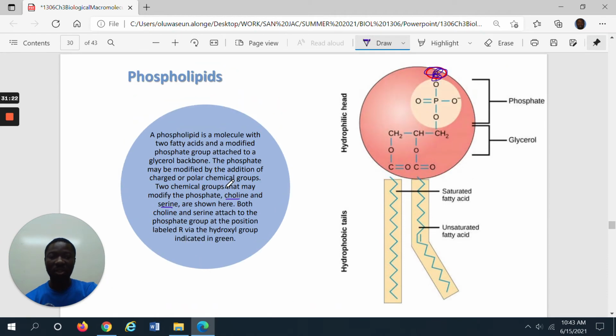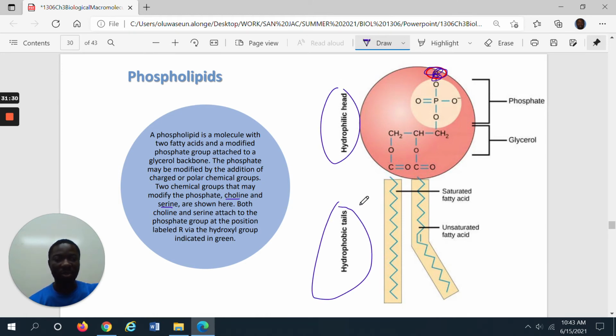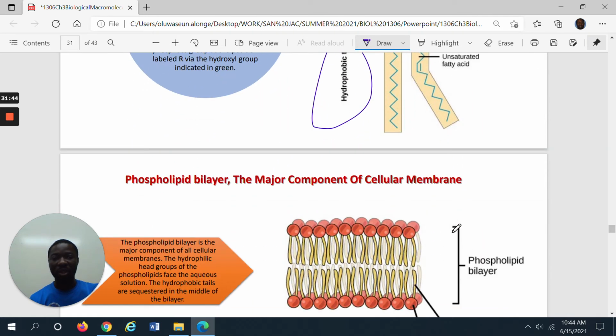But majorly, when we talk about the phospholipid bilayer, we are talking about the phosphate head, which is hydrophilic, and the hydrophobic tail. You can see you have the fatty acid, the lipid here, and that's part of why your cell membrane has its typical features.